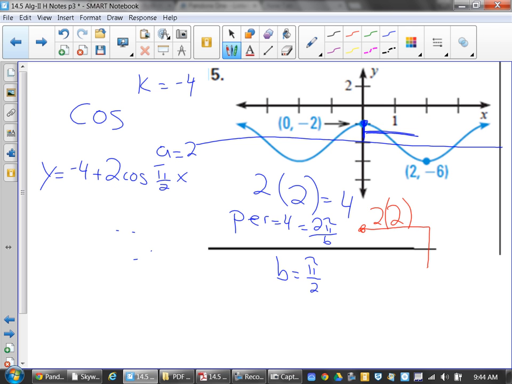I immediately double that distance to equal 4. If the period is equal to 4, what I do is I set that equal to 2 pi over b. So when you get to this equation here, you just exchange them on the diagonal. So b is going to equal 2 pi over 4. That's where we got pi over 2. Okay. No problem. Yeah, Michael.